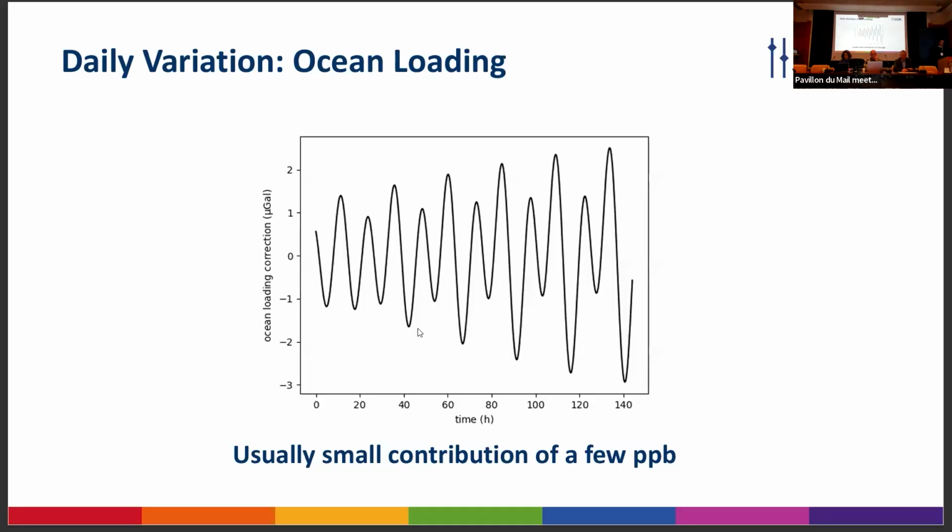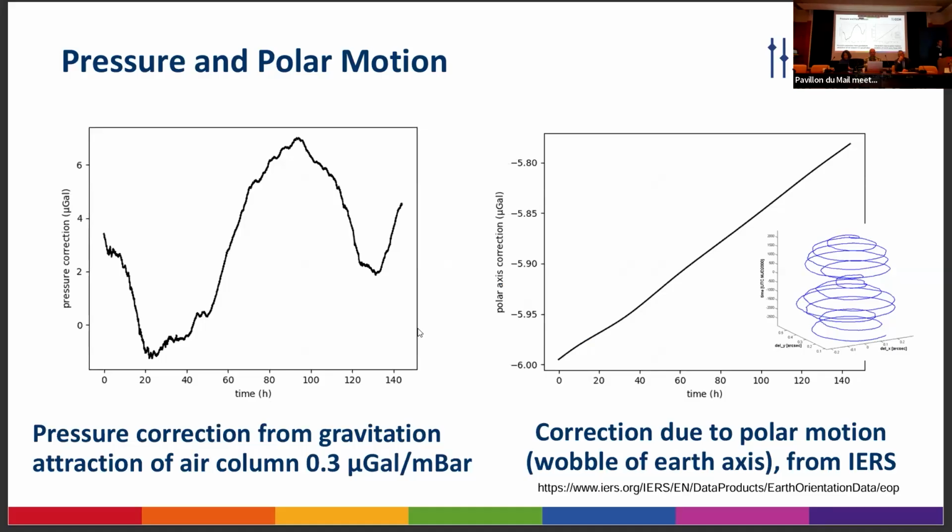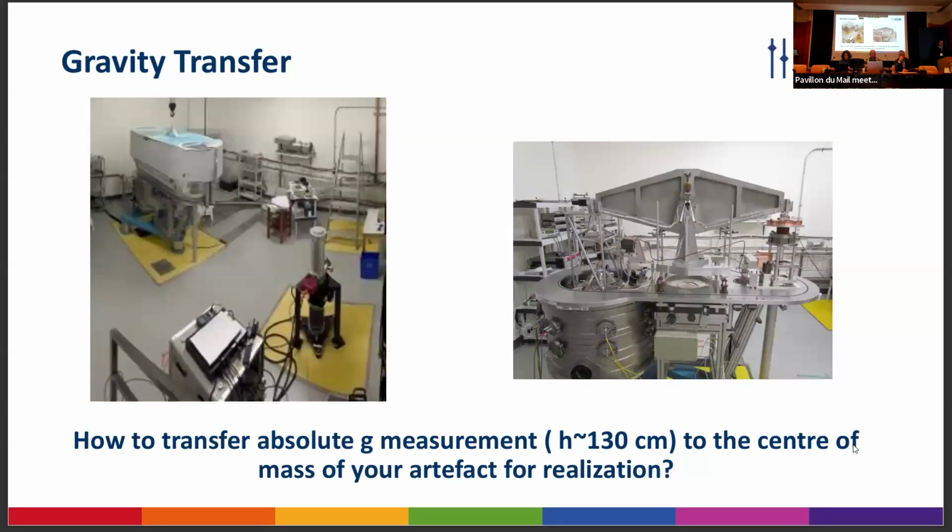So the ocean loading here is the contribution to ocean loading separated out from the tidal models. And that's just about plus or minus 2 microgal or so. This is the pressure correction, and this is the polar motions. So we get the polar motions from this IERS website where they do these calculations for monitoring.